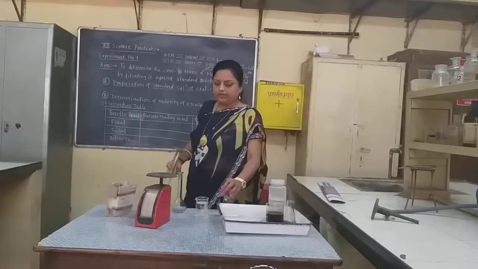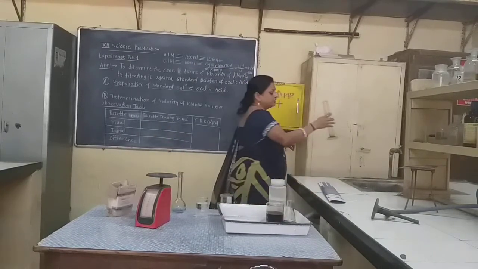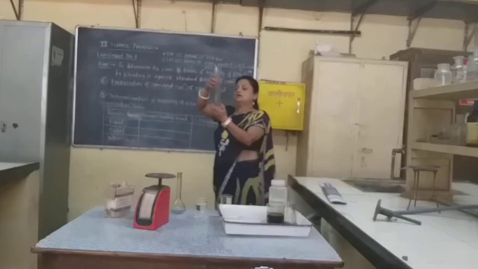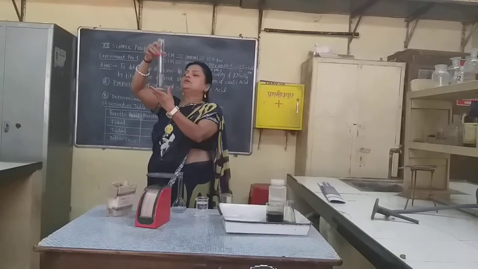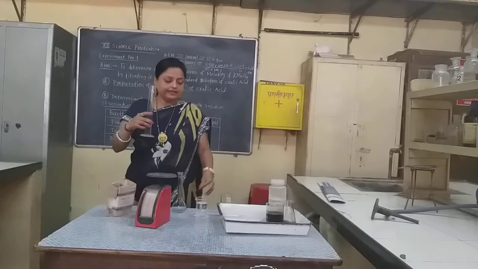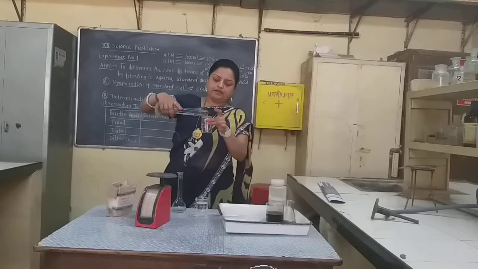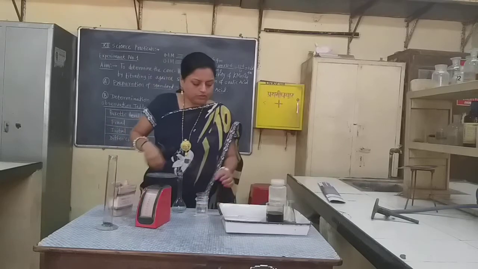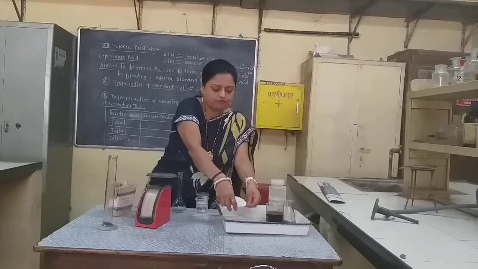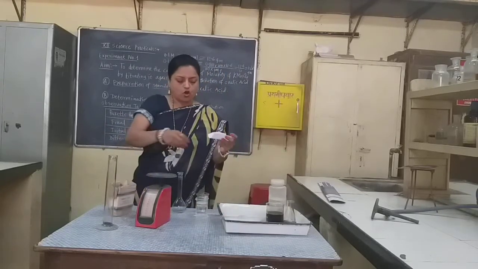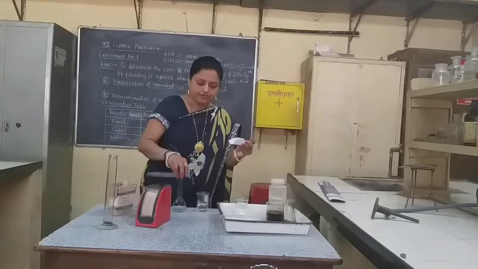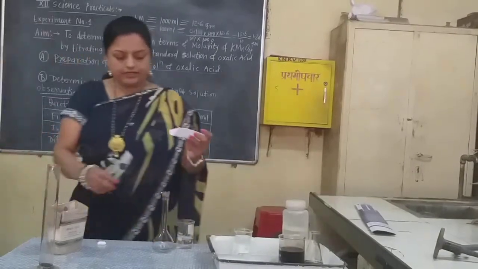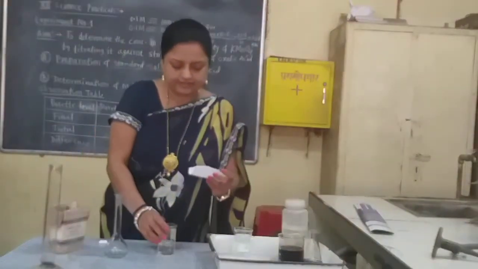This is about 40 ml of water I have taken in an empty beaker, and then you pour the measured 1.26 grams of oxalic acid into this water.